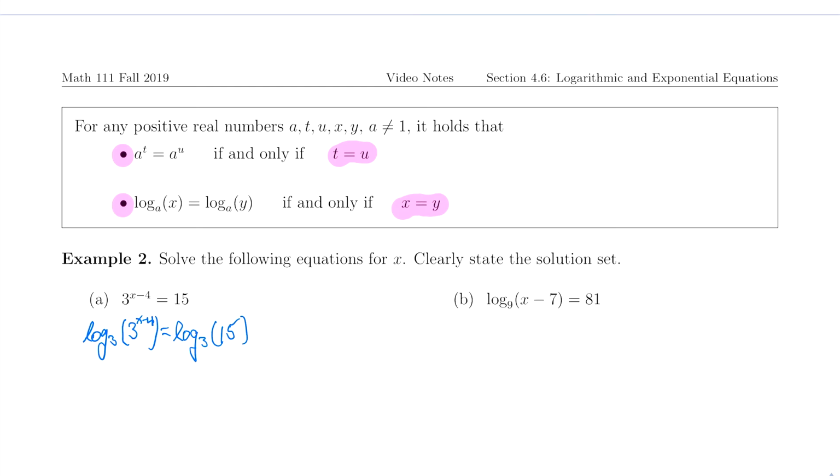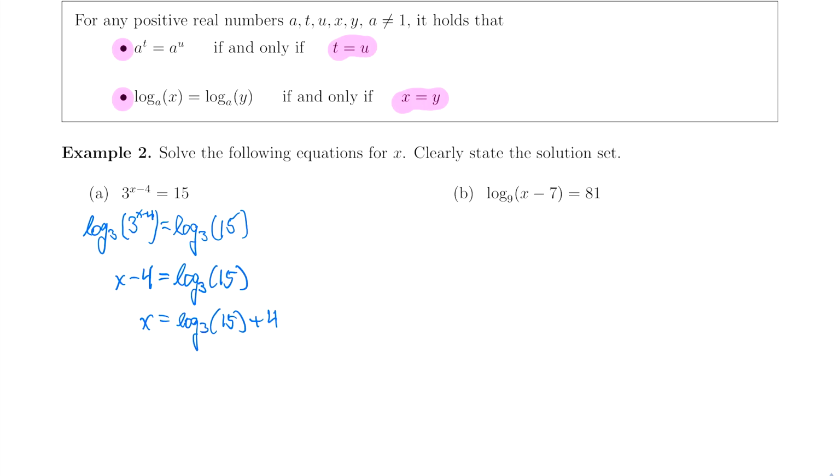Now, as we have practiced already, that's another law: the logarithm to the base 3 of 3 to something in the exponent is simply that exponent. So I get again the same answer, and it is logarithm to the base 3 of 15, and then I add 4 on both sides at the very end.